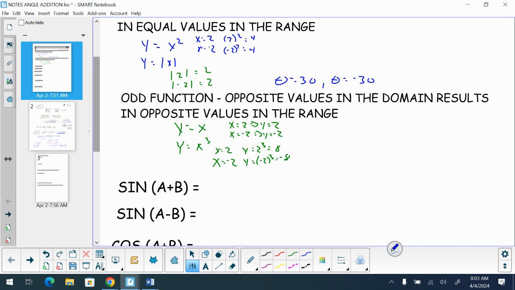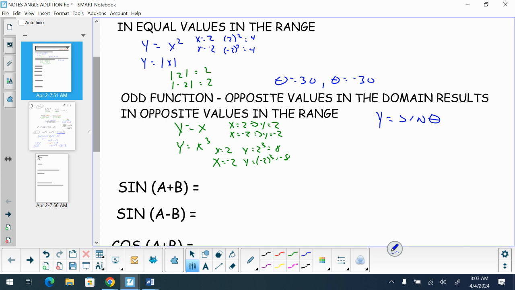Is the sine function going to be odd or even? Do we get opposite values for y, or do we get the exact same values for y? Opposites, so this would be an odd function. Y equals sine theta would be odd.